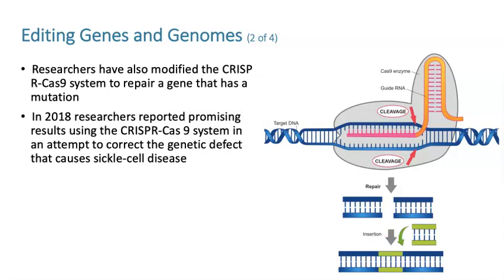And that's one thing that we've been contemplating, and actually have attempted, to correct the genetic defect that causes sickle cell disease. Thousands and thousands and thousands of people die every year from sickle cell disease. If we could save their lives using this technique, that would be amazing to contemplate. Of course, that's not the only thing that people have done. And again, I'll talk to you about the bad stuff in a second.